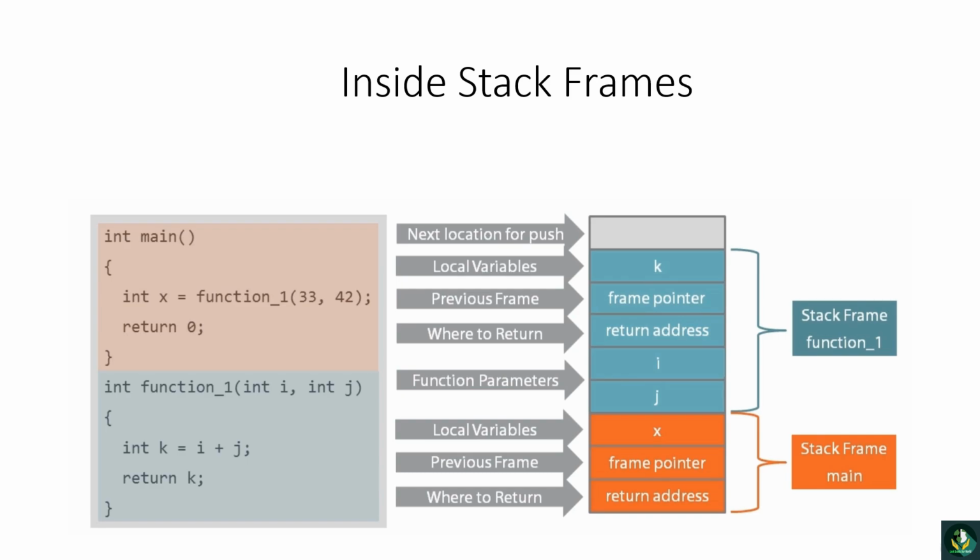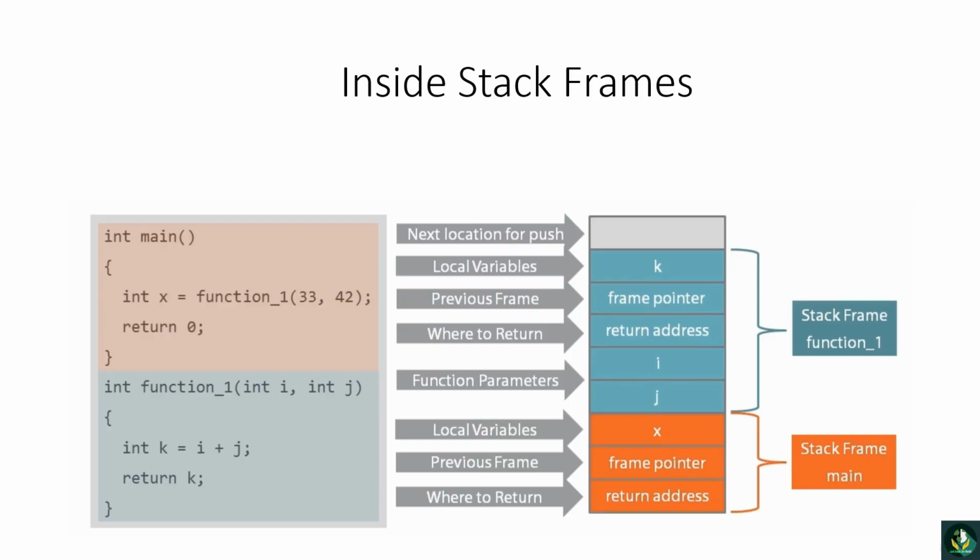When the main function calls function 1, a new stack frame for function 1 is created to store the two function parameter variables and the address in main where the call of function 1 will return to, and the address of the beginning of the previous stack frame in memory.